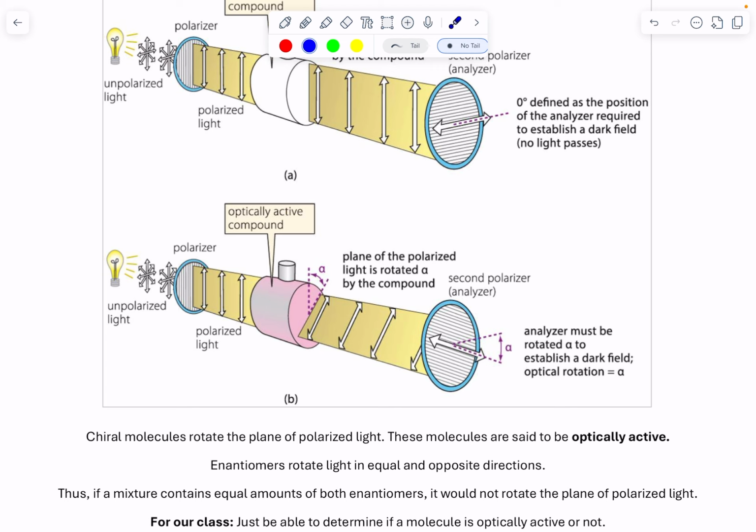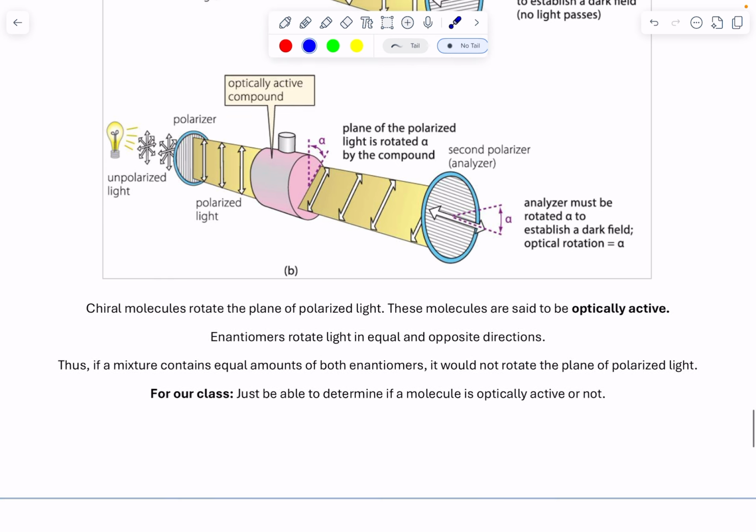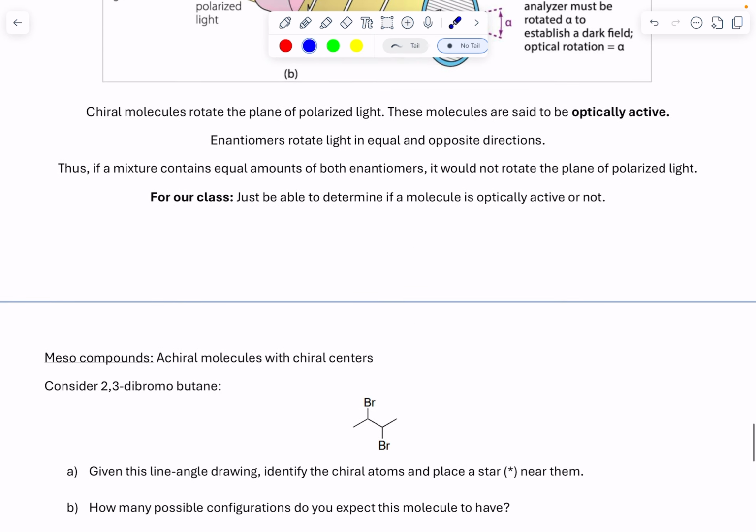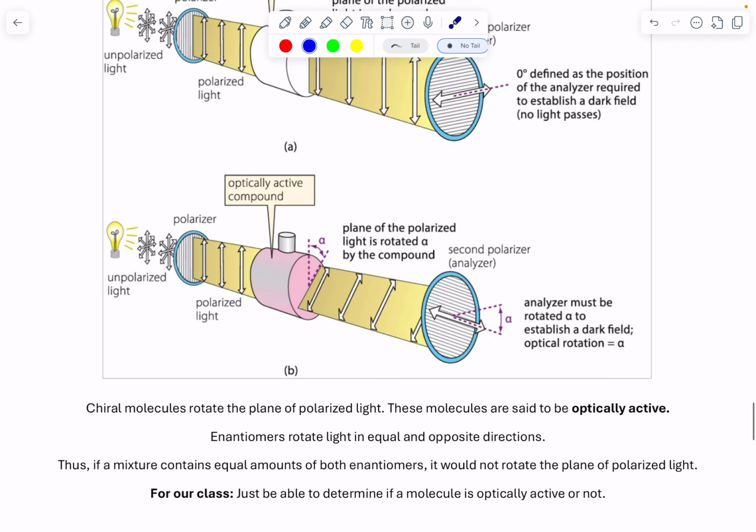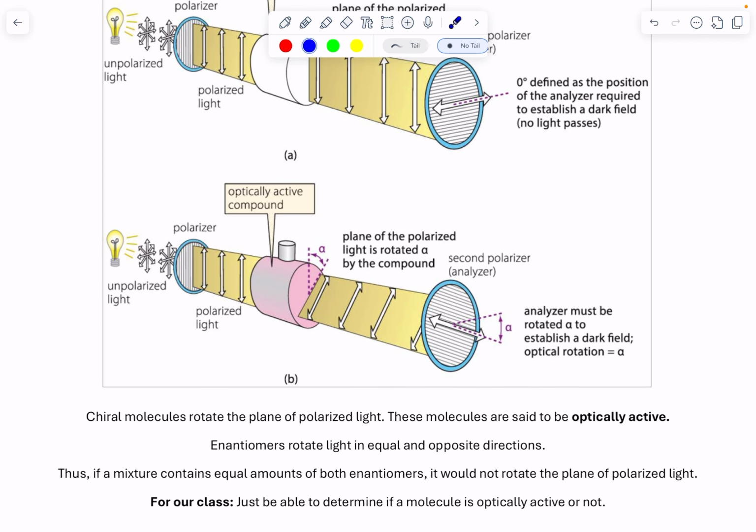So if it is chiral, it is almost always optically active. When we come back, we'll learn about meso compounds, which are an exception. But for the most part, chiral, optically active. But if you have equal amounts of both enantiomers, we would say that that sample is inactive. It would not rotate the plane of polarized light.